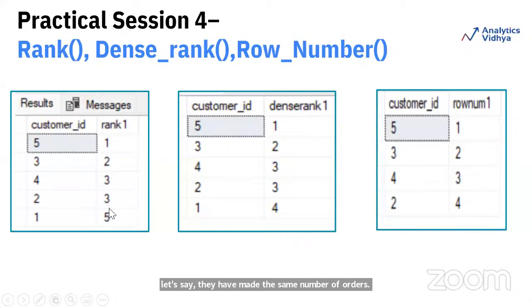But after that, the next rank would directly go to 5 instead of 4. So that's how rank works. Coming to dense rank, it doesn't skip the next number and rather gives 4. So usually we use dense rank in real world scenarios. And then row number basically gives a unique number for each of the rows. So that's the major difference between the 3.